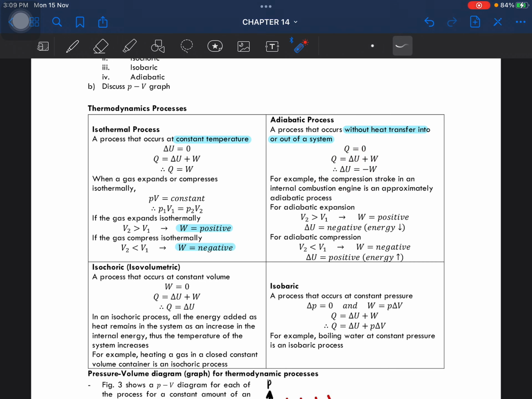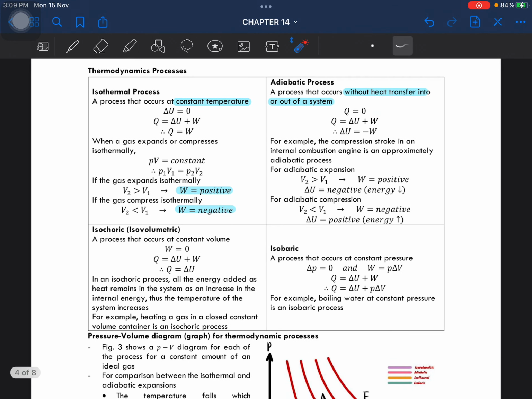For example, the compression stroke for an internal combustion engine is approximately an adiabatic process. If it is expanding, work will be positive. If it is compressing, work will be negative. For an adiabatic expansion, the change in internal energy will be negative. If it is negative, the energy is decreasing. If it is positive, energy is increasing in the system.